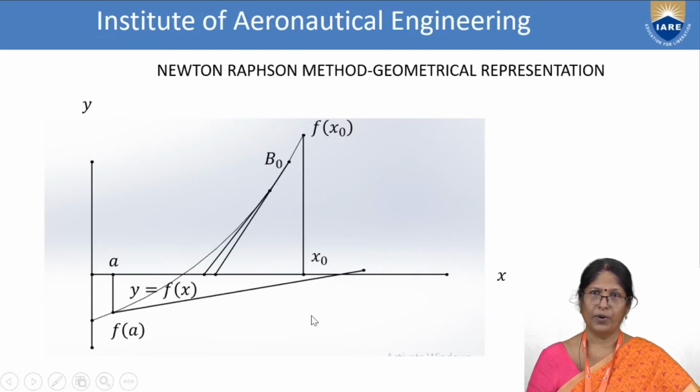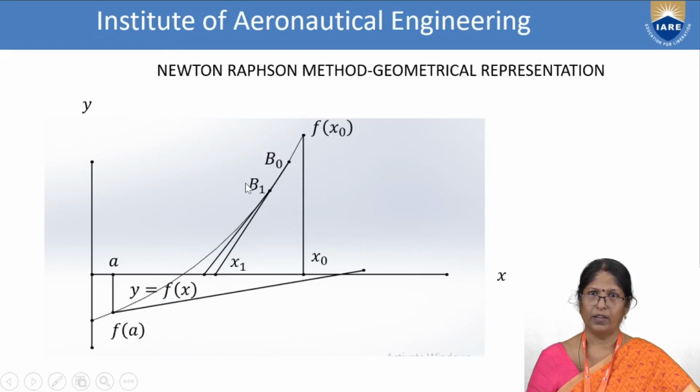Now you can see this B0. This B0 is nothing but a tangent. The tangent is a straight line which touches the curve at one point. That we will call a tangent. Here B0 is touching our curve, that is y equal to f of x, and there it cuts the x-axis at x1.